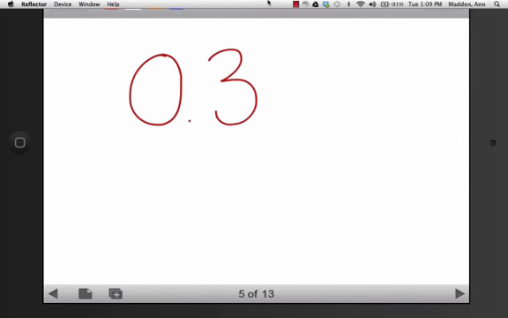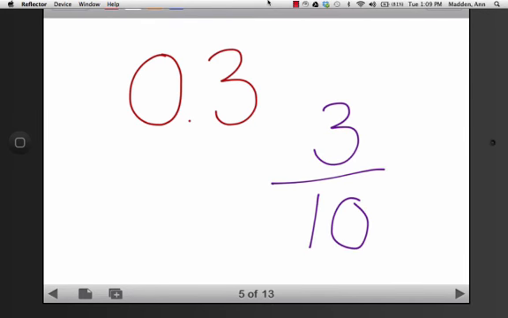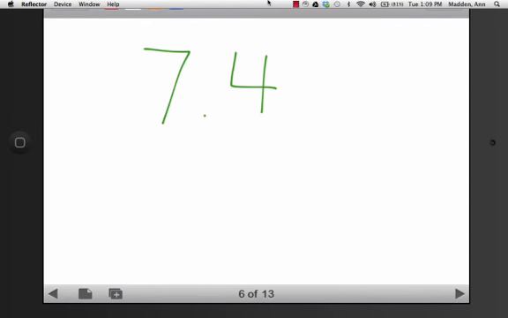3 tenths. 3 over 10. Now let's look at this one. This number, 7 and 4/10. I hear whole number 7. That's going to be my big mixed number.